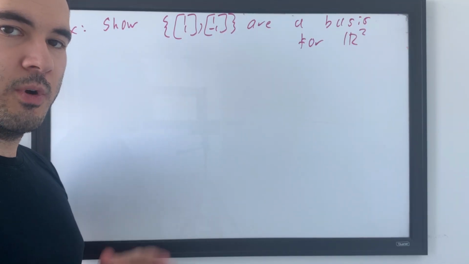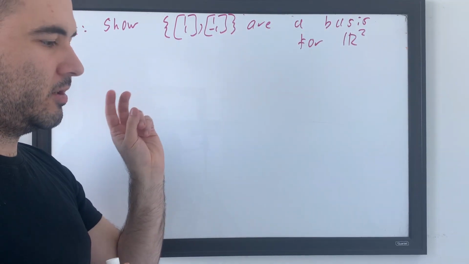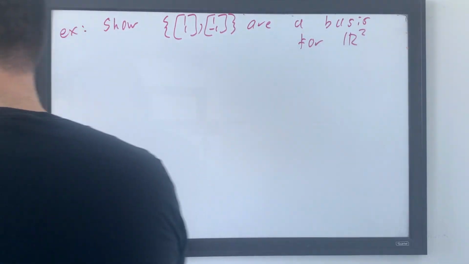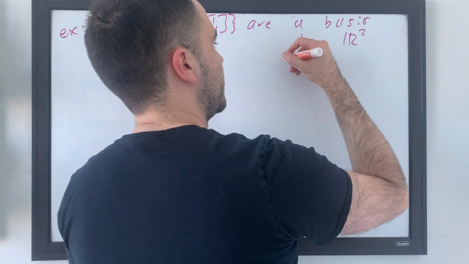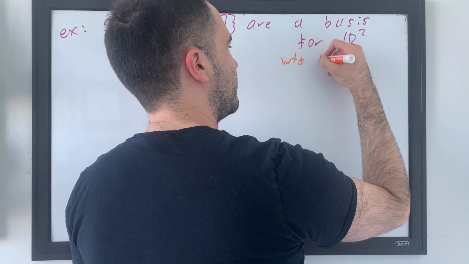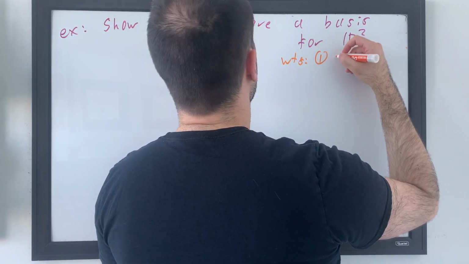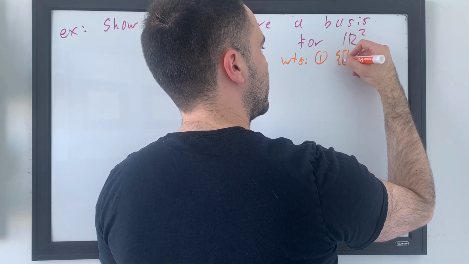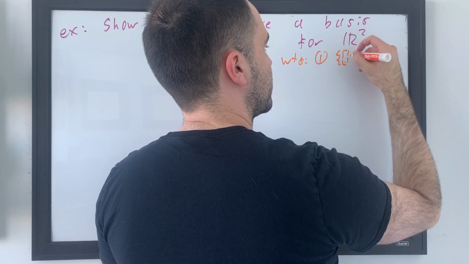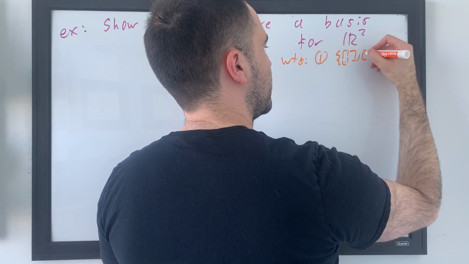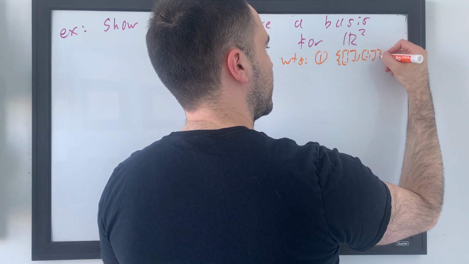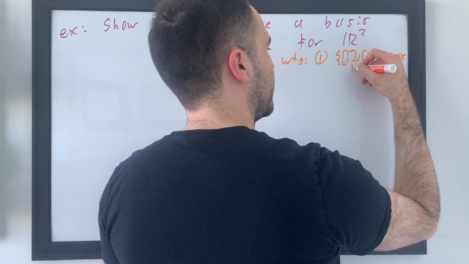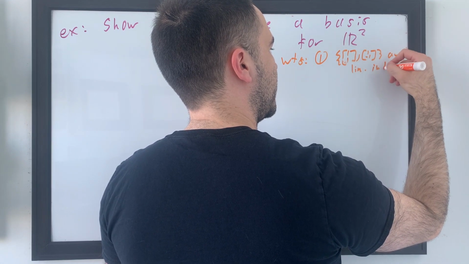Okay, so from the definition of something being a basis, there's two things we need to show. So we'll put it over here: we want to show, one, that the vectors (1, 1) and (1, minus 1) are linearly independent.